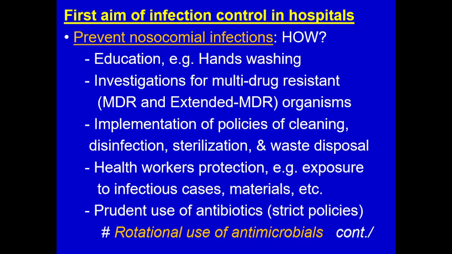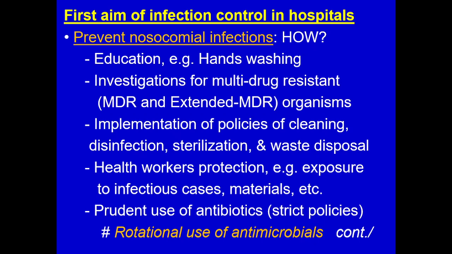The first aim of infection control in hospitals is to prevent nosocomial infection. Nosocomial infection means hospital-acquired infection. Although it has been replaced nowadays with the modern terms health-associated or healthcare-associated infection, it is still valid.